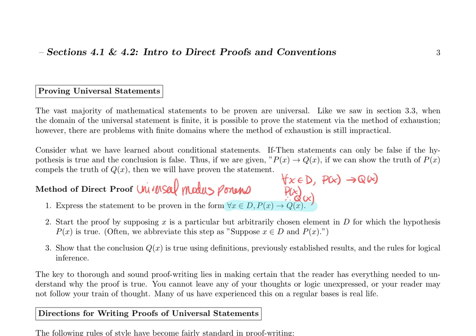To finish off our method of direct proof here, though, on step 3, we're going to show that our conclusion Q of x is true using definitions, any previously established results, which technically we don't really do in this course, but it can be done if you're using this method of proof in another course and you're allowed to pull in the solutions you have for a proof before it, and then the rules for logical inference.